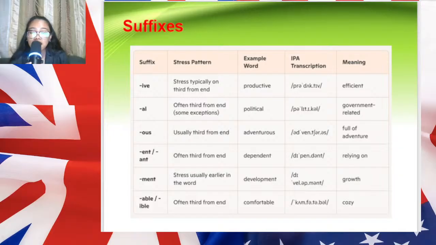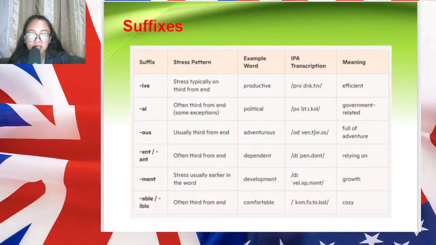Next is -al. It's often the third syllable from the end, with some exceptions. Example, political. Another would be logical.